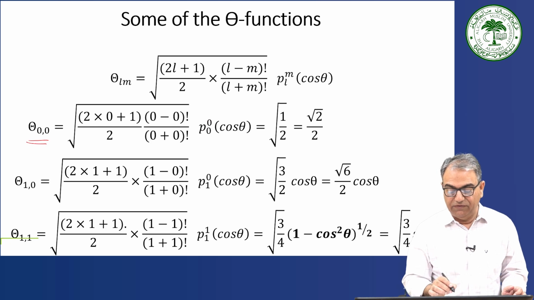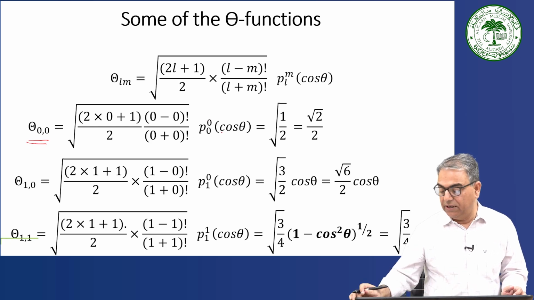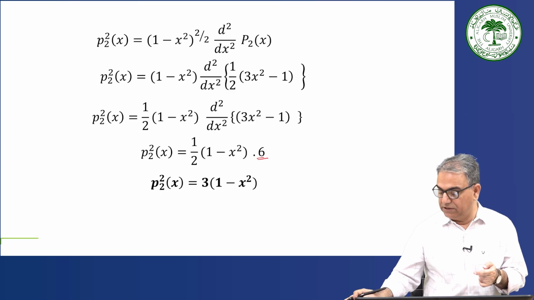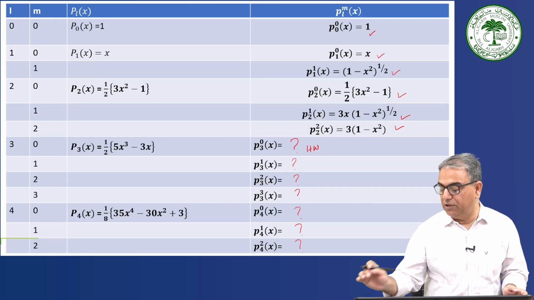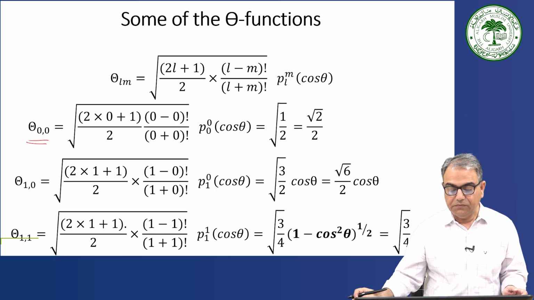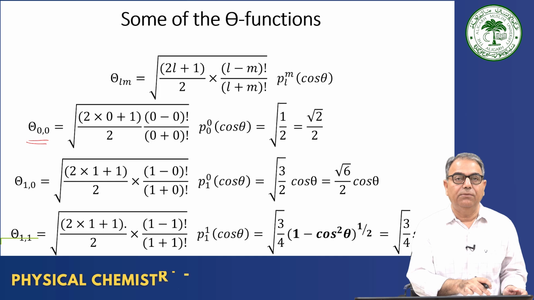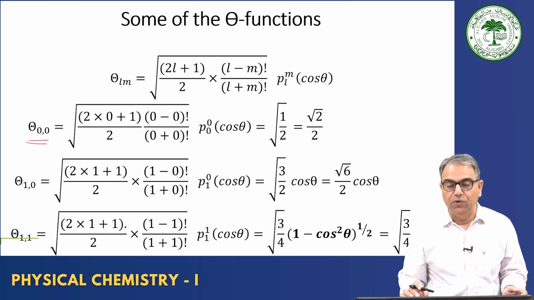Okay, and what will be the value? P00 cos theta means P00 x, we already found in this table. P00 x is equal to 1. Okay, so this part is equal to 1. Only this normalization constant will be there, and this comes out to be 1 over 2. So root 2 by 2 you can write. Okay, 1 by root under 1 by 2, or you write root 2 by 2.